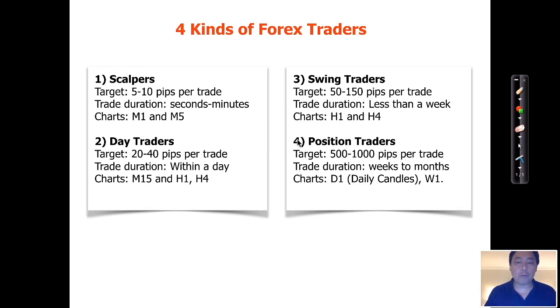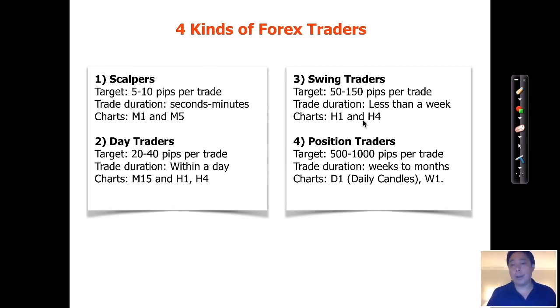Position traders like George Soros, for example, when he enters a trade, will target 500 to 1,000 pips per trade or more. To capture that many pips, you have to stay in the trade for a few weeks to months to even years. Position traders look at daily candles, where each candle represents one day, or weekly candles. Those are position traders.